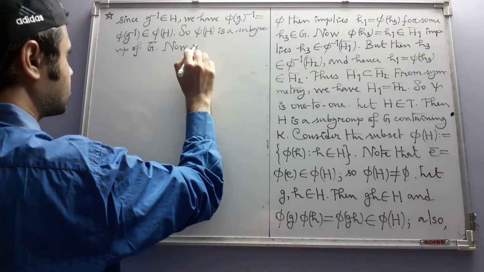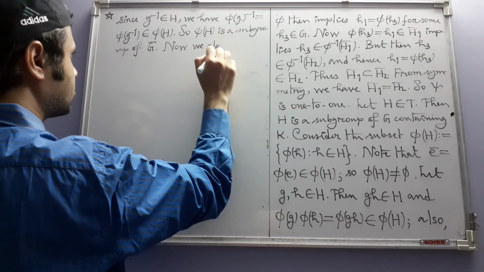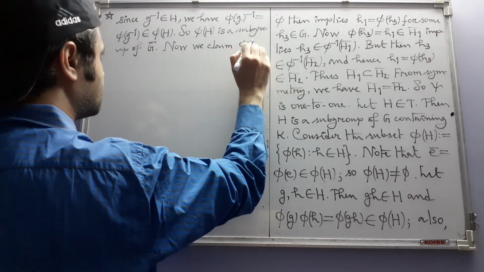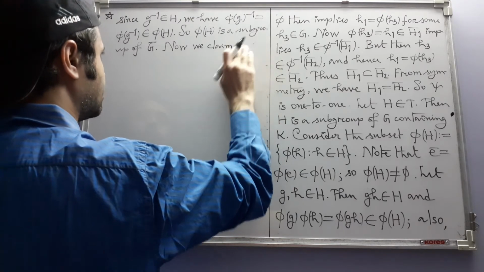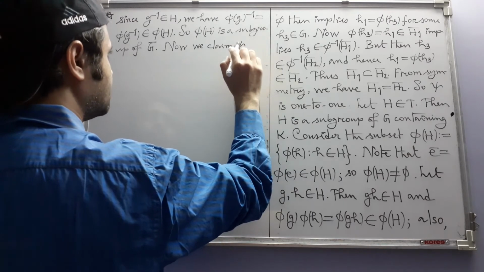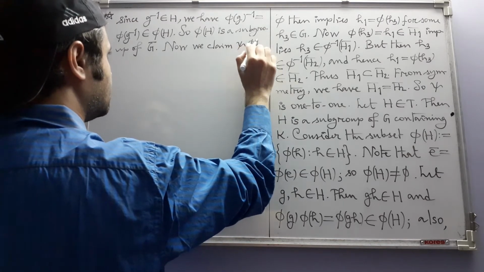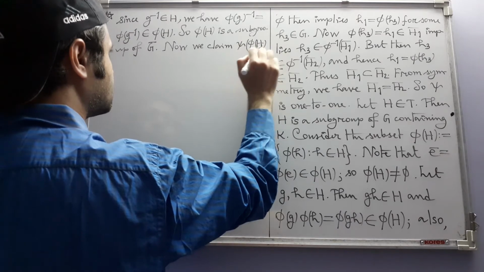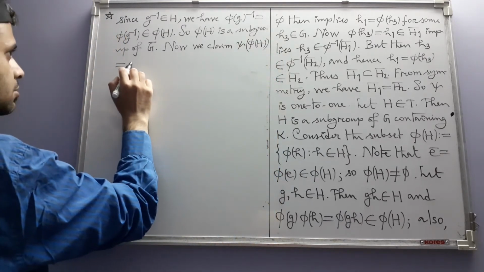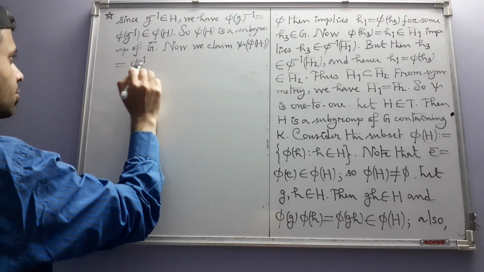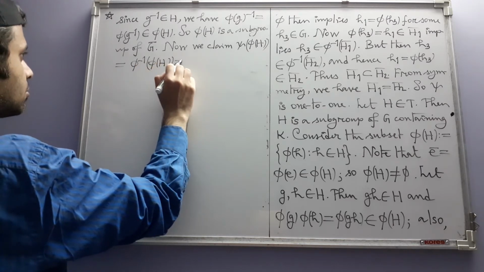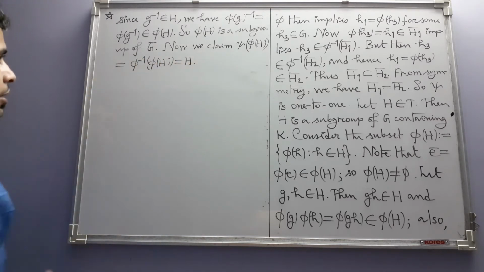Now we claim that phi inverse of phi of H is equal to H.